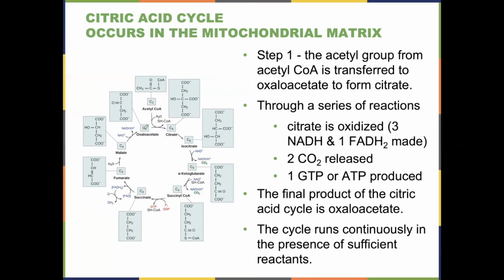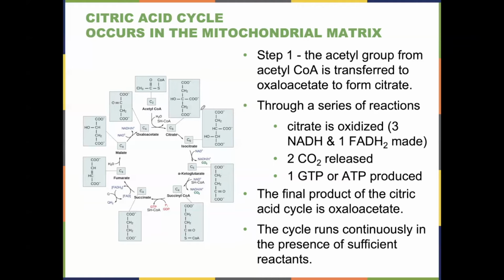And at the end, we will regenerate this molecule that will accept in another acetyl-CoA. So that's what makes it the citric acid cycle. It's actually a circular pathway. And when we combine the acetyl-CoA and oxaloacetate, we get this molecule that's called citrate. That's where the citric acid name of this pathway comes from.